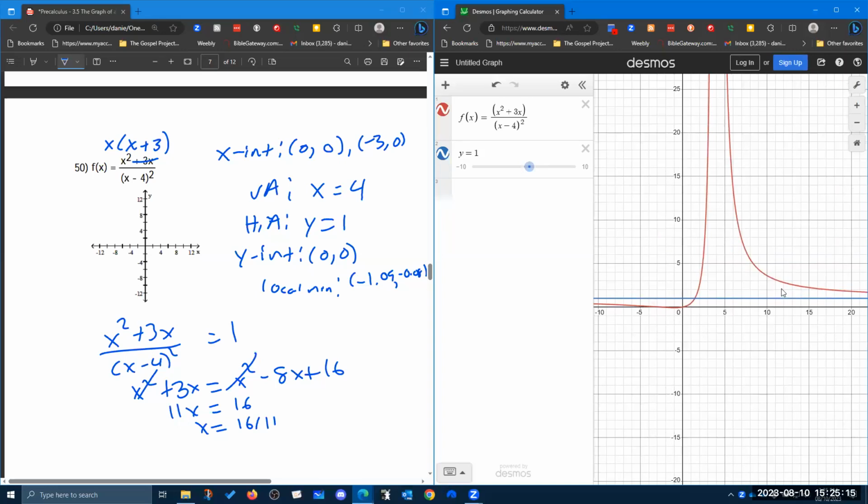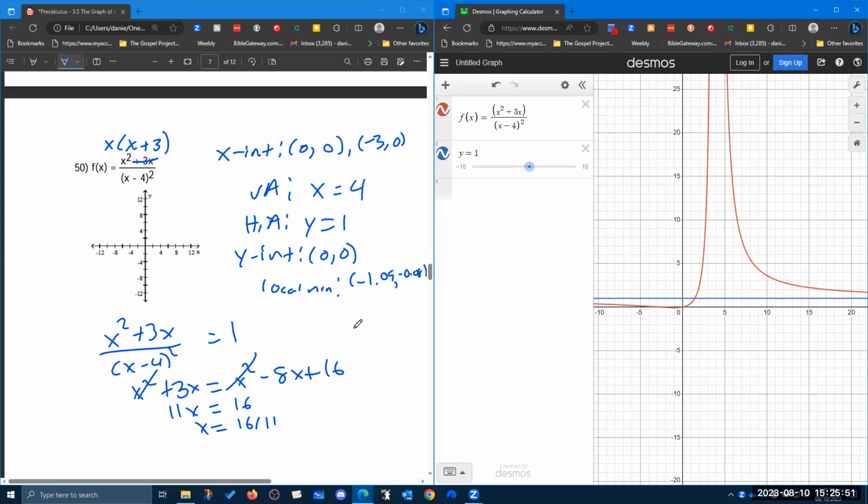So there you have it. There's some graphs of some rational functions. I encourage you to learn to use whatever technology you have available to you, whether that's your TI 84 or 83, and the second calc menu to find minimums and maximums or intercepts if you need that, or to use the Desmos graphing calculator here, or something like GeoGebra if your teacher uses that as an open educational resource.